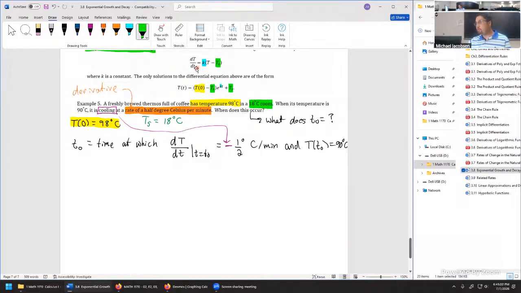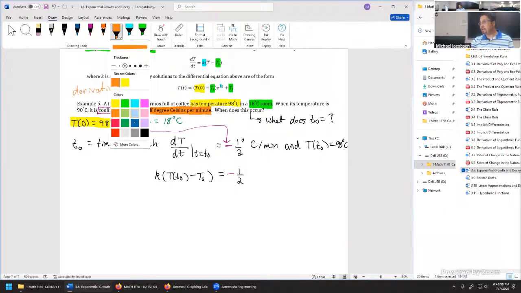Okay, well, we know dT, that's the rate of change of temperature with respect to time, easier to say it that way, is this. So we make a substitution one level down. This whole left-hand side right here becomes K times temperature at time T naught minus the temperature of the surroundings equals that negative, I'll keep that highlighted purple there just to emphasize it, -1/2.